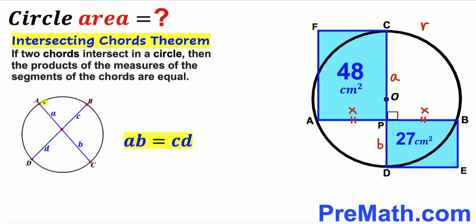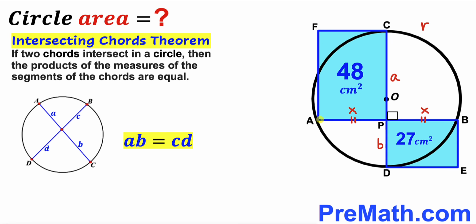And we end up with these segments a, b, c, and d respectively, such that the product of these two segments a, b must be equal to the product of these segments c and d as well. Now we are going to apply this intersecting chords theorem on this given problem.